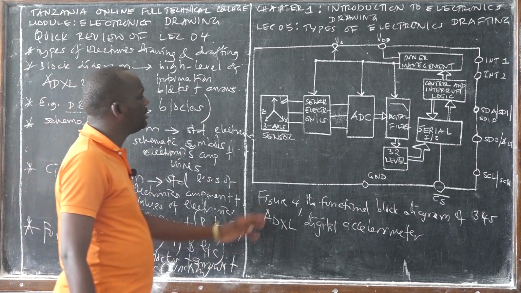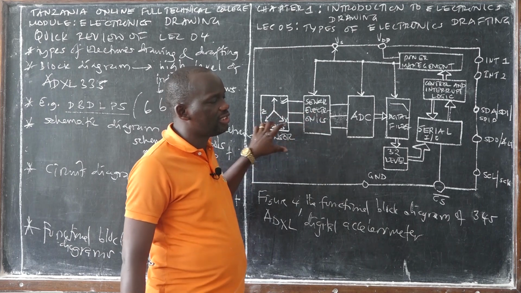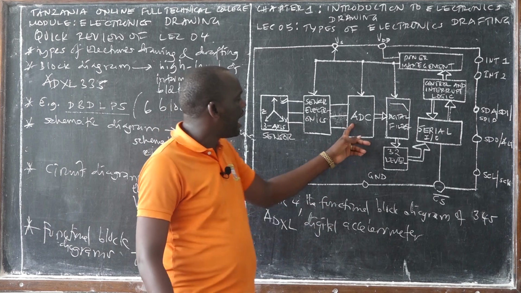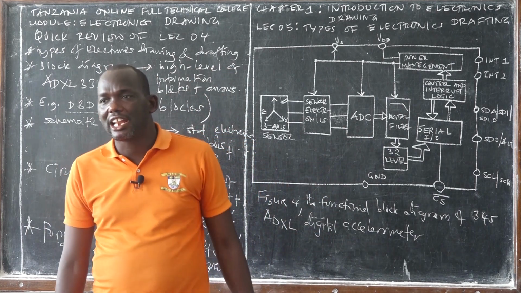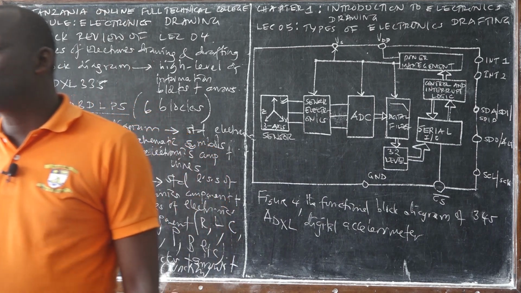Again, this is the sensor electronics, the part that does the actual sensing. This is focusing on orientation. And ADC is the abbreviation of analog to digital converter.